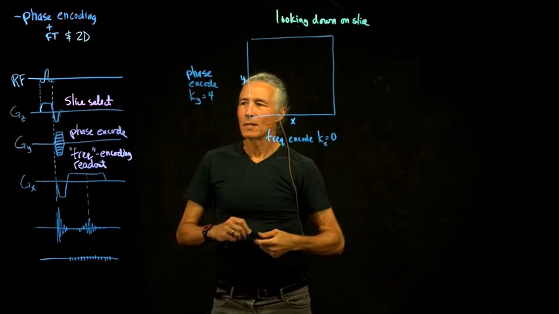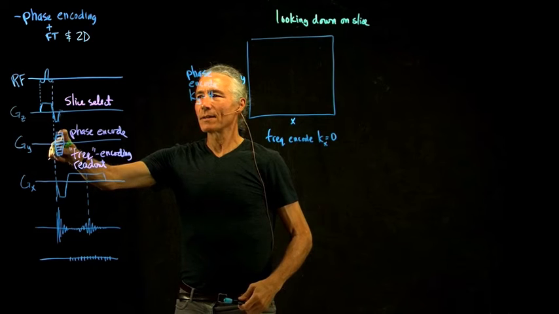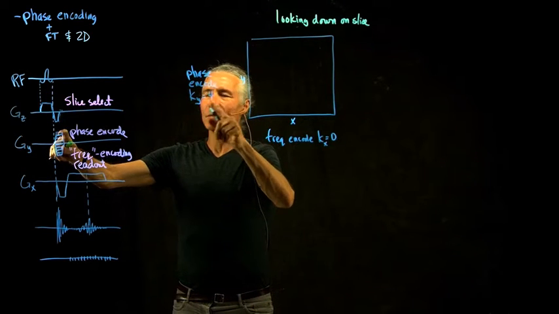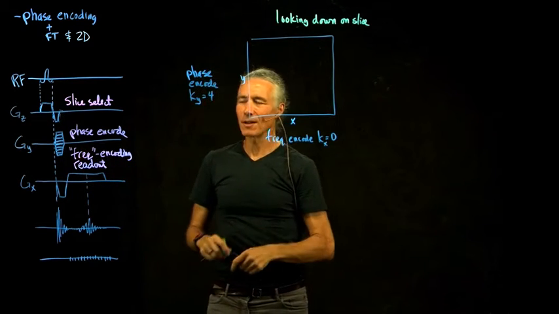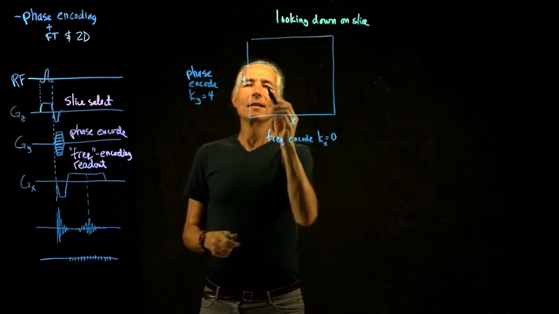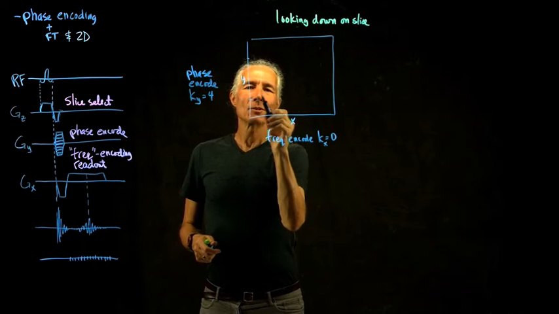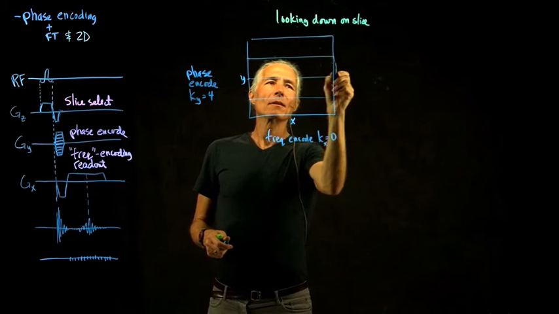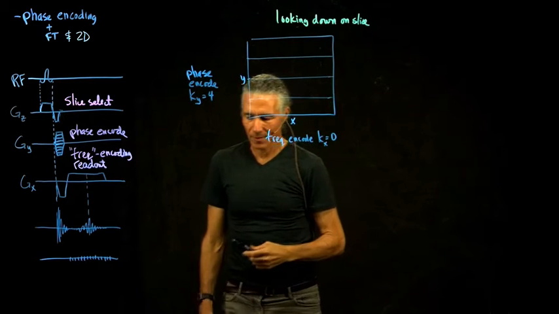That might be the middle one, because the top one could be something like phase encode spatial frequency equals 128, but it's hard to draw 128, so we'll draw 4. So there are going to be 4 stripes of phase across the slice going in the Y direction.